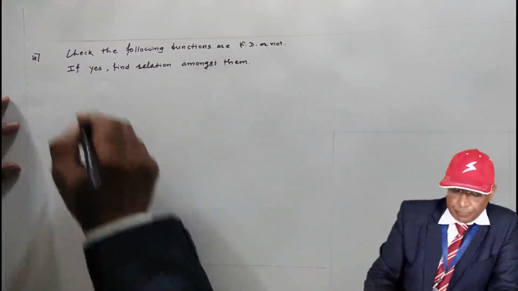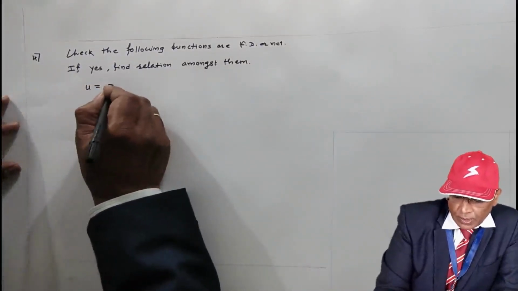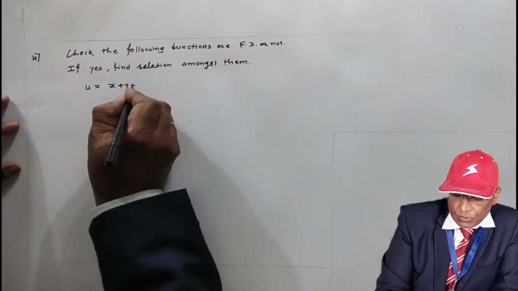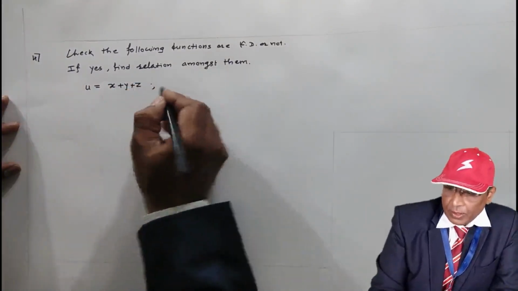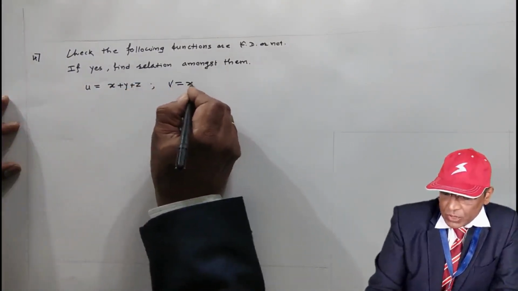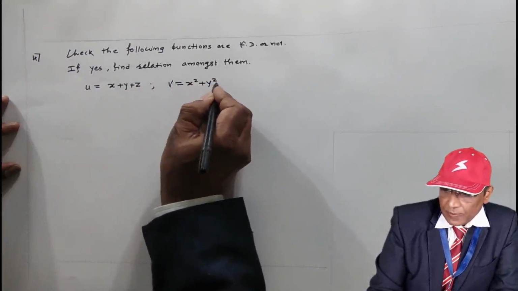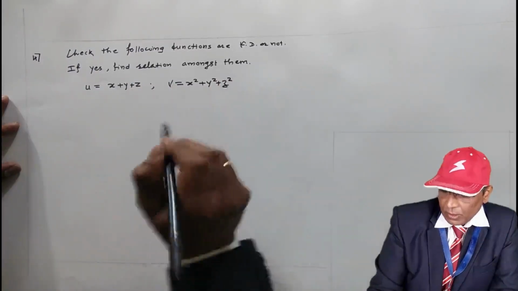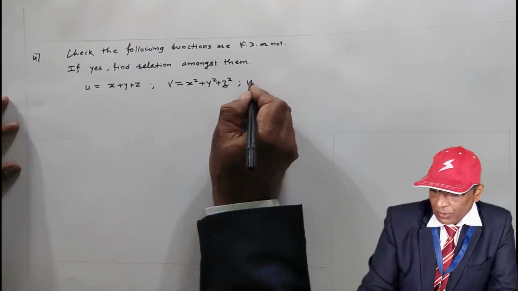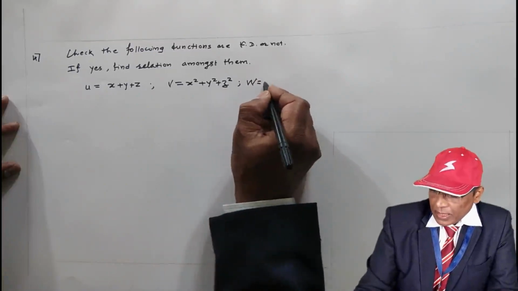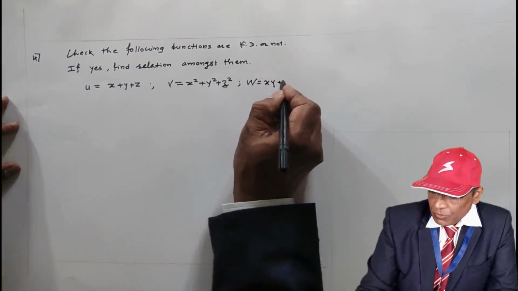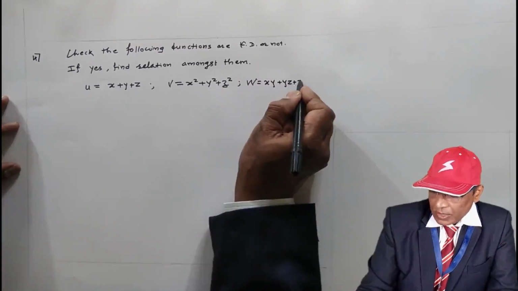The functions are u is equal to x plus y plus z, this is the first function. V is equal to x square plus y square plus z square, and w is equal to xy plus yz plus zx.